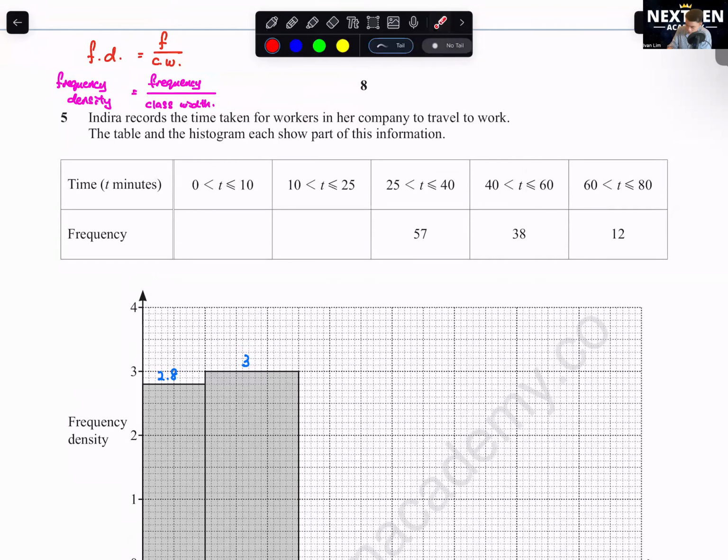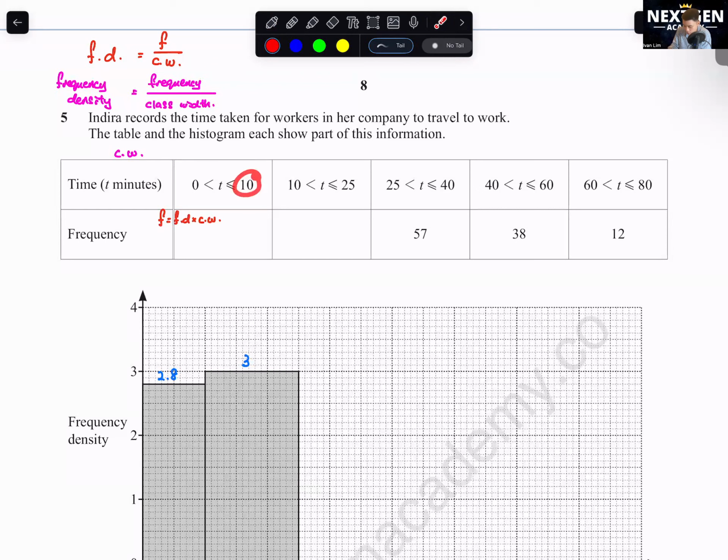For these two over here, the formula will be frequency equals FD multiplied by CW. What is your class width? How big the class is, the width of the class.